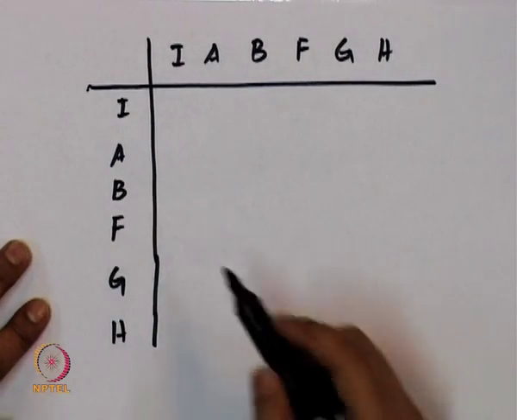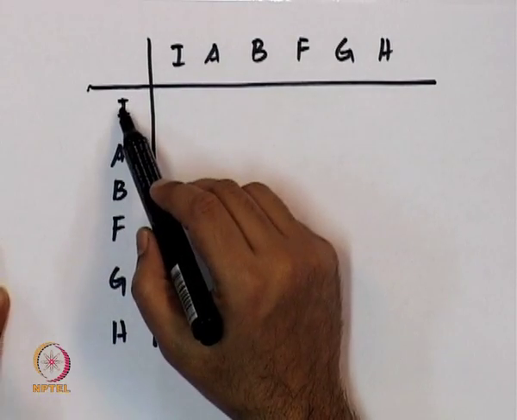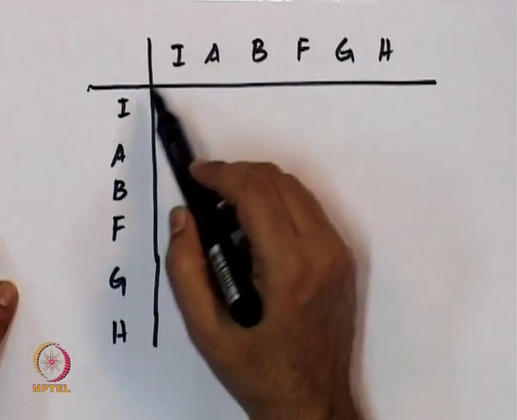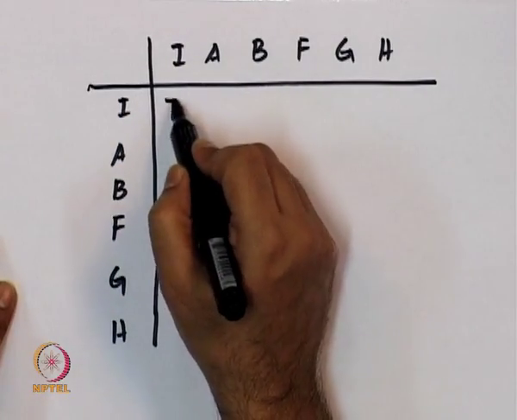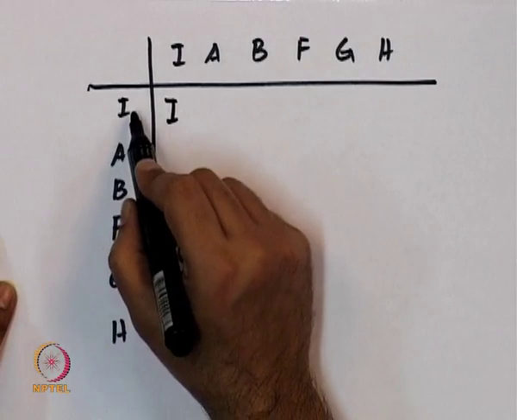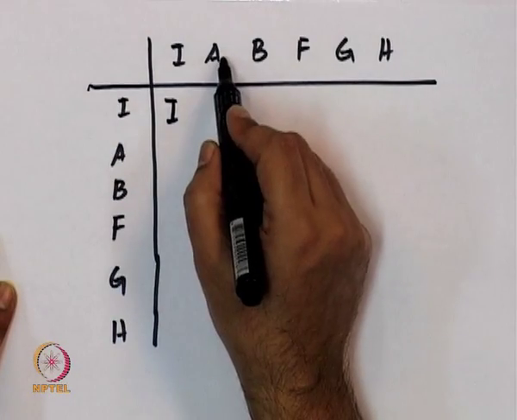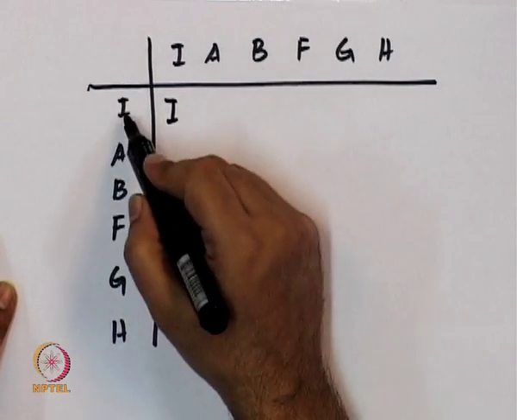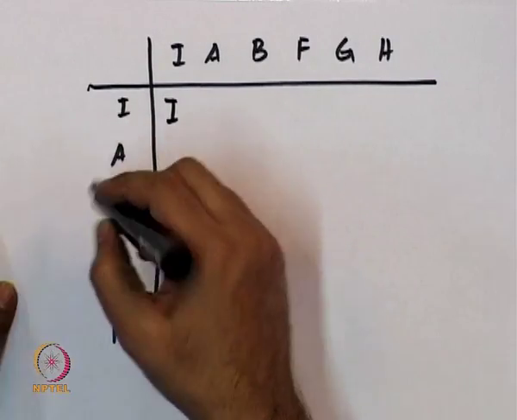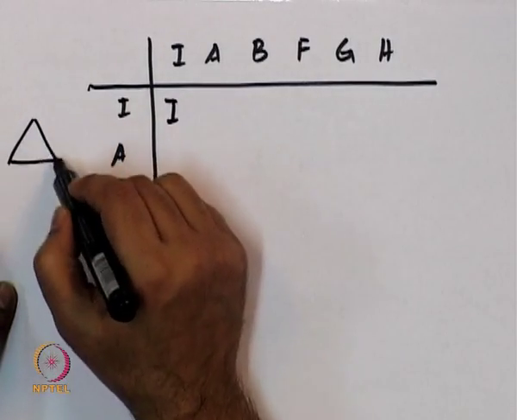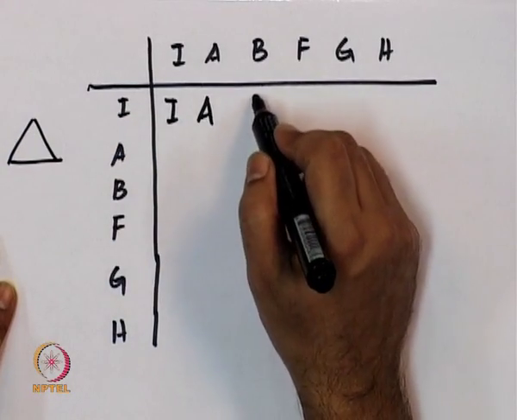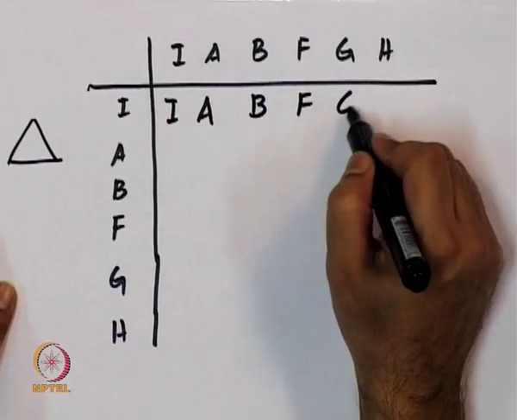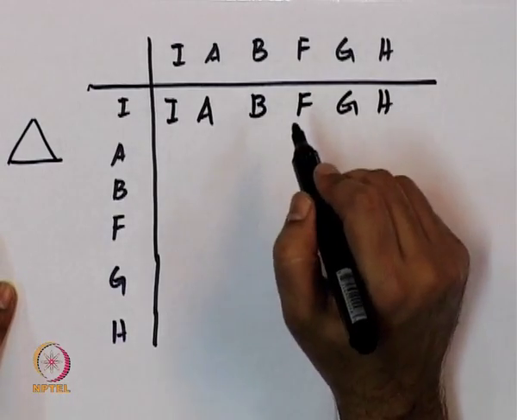Now, how do we do that? Suppose I want to do I followed by I. Nothing is going to happen. I am going to do a 0 degree rotation followed by a 0 degree rotation, so that is going to be I. If I do I followed by A, I do not do anything and then I do a 120 degree rotation, so that will be A, this will be B, this will be F, this will be G, this will be H. So, that is trivial.